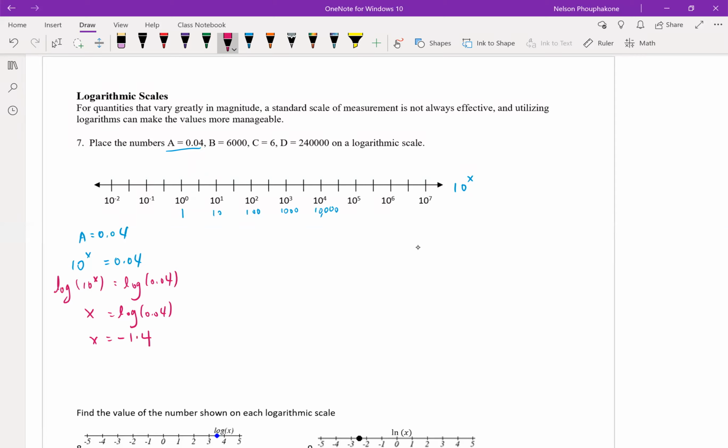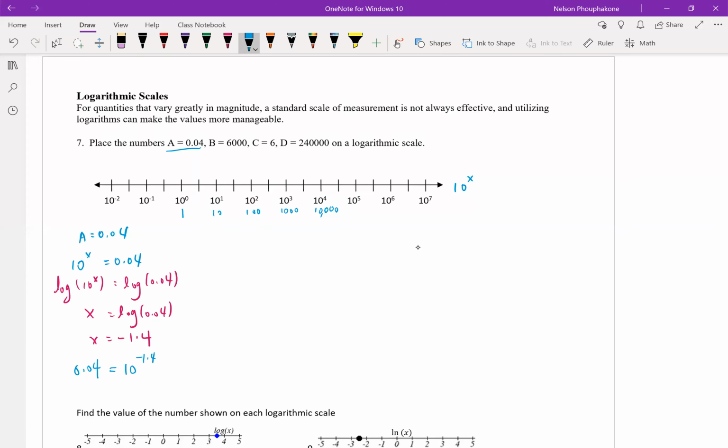I don't want to go into more detail, because it's really hard to put more digits on the scale right here. One digit is good enough. So in this case, 0.04 is roughly 10 raised to the power of negative 1.4.